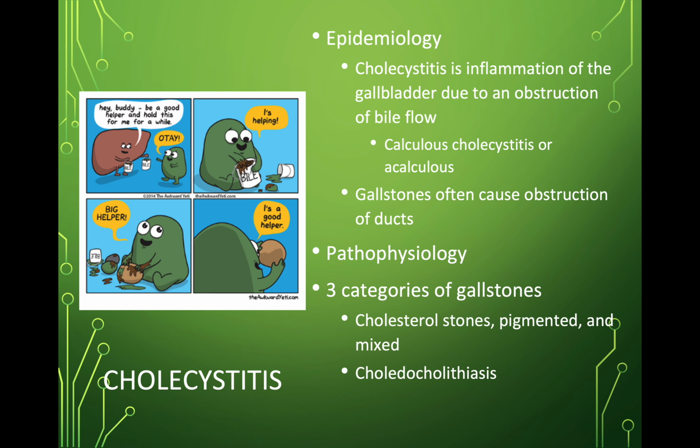And so sometimes what can happen is while that bile is in the gallbladder, it can form into stones. And when those stones develop, then they can obstruct the ducts that lead from that location into the small intestine where it's supposed to be poured out.